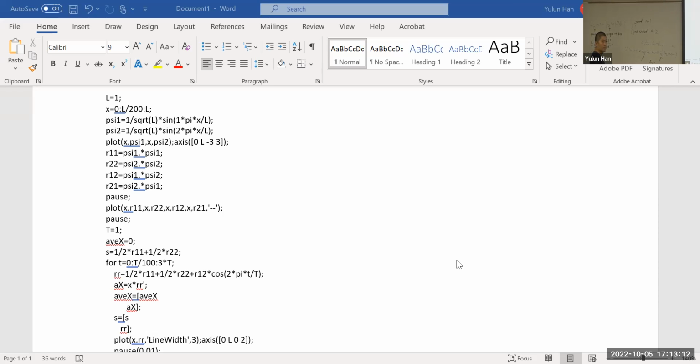What is t? At time equals 0. This is just time t equals 0. That's for the initial state. Yeah, this is our initial state.